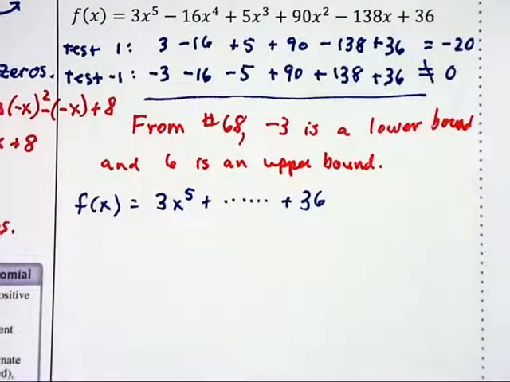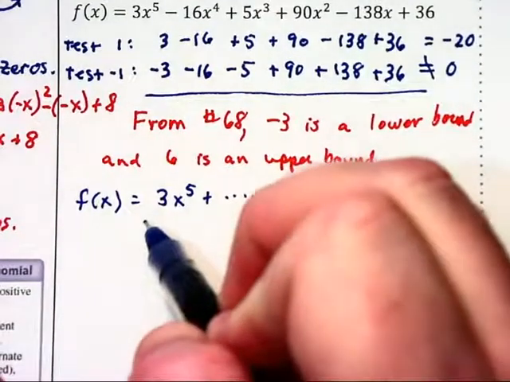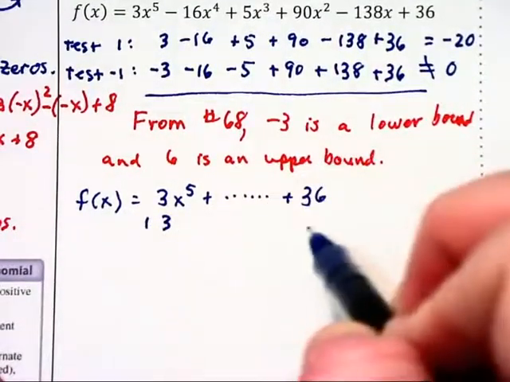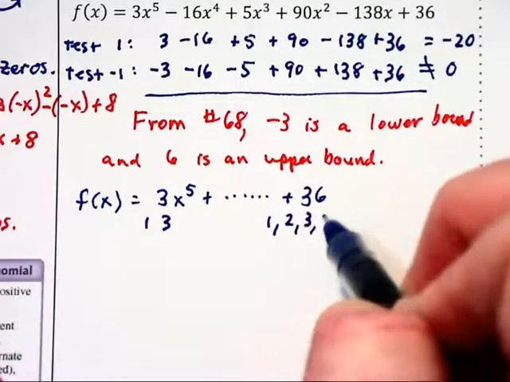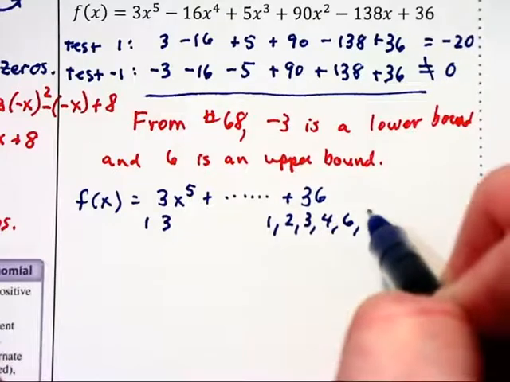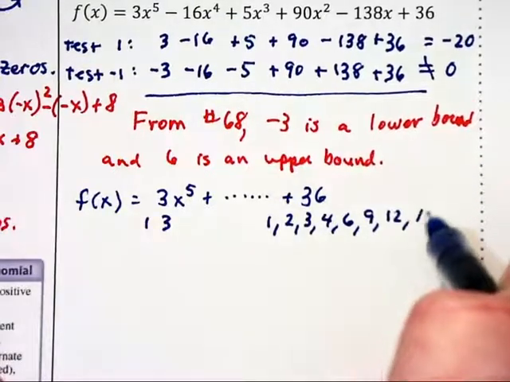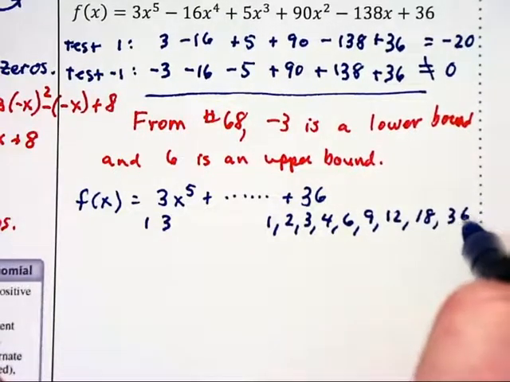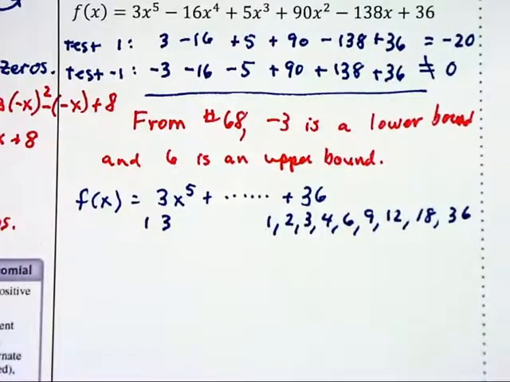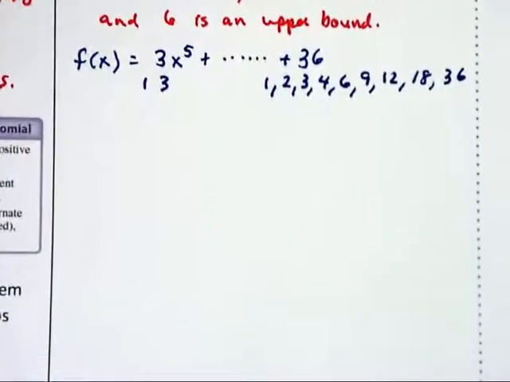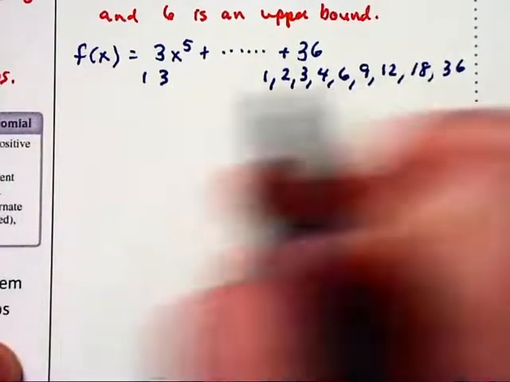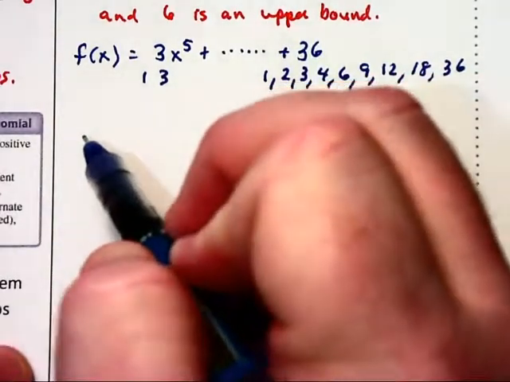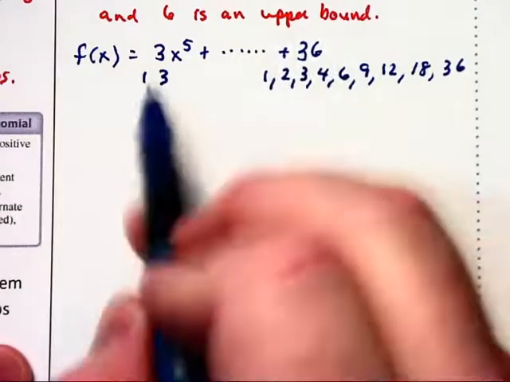Now using the rational zero theorem, the factors of 3 are 1 and 3. The factors of 36 are 1, 2, 3, 4, 6, 9, 12, 18, and 36. And so if we start going through the rational zero theorem to find our list of potential candidates, we're going to have each of these over 1.